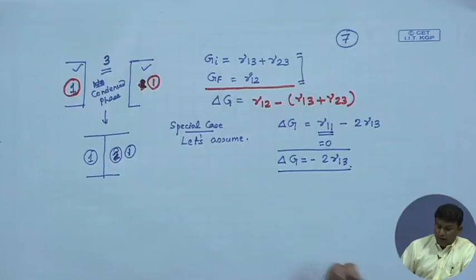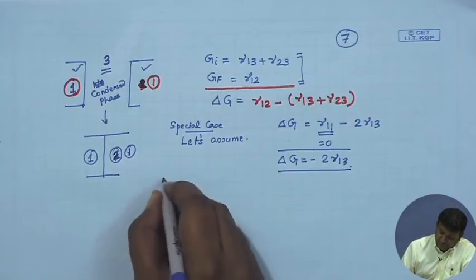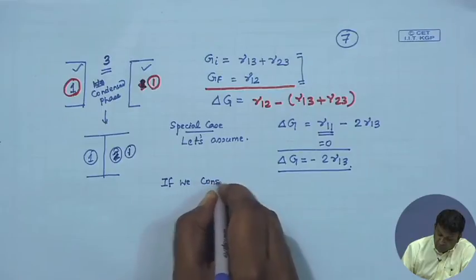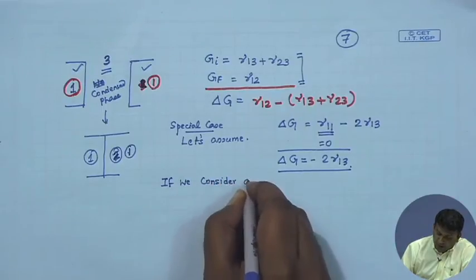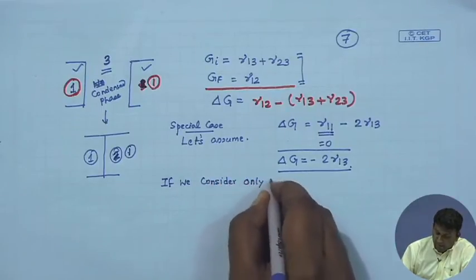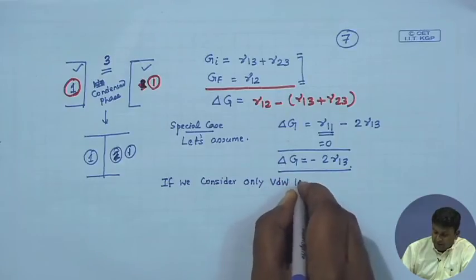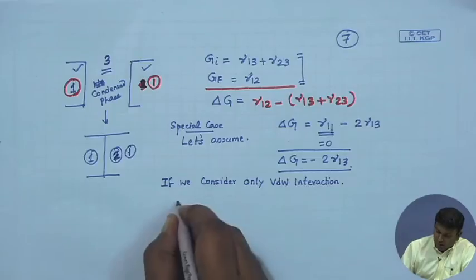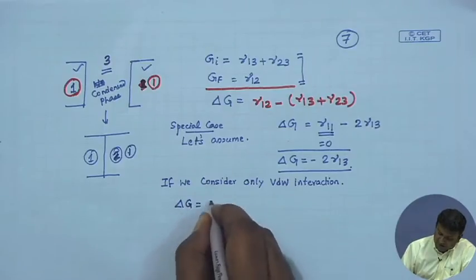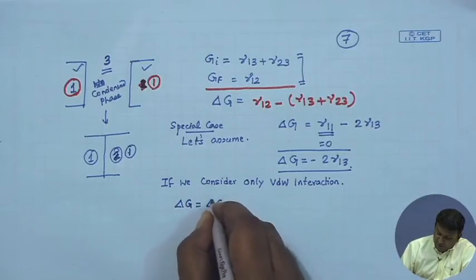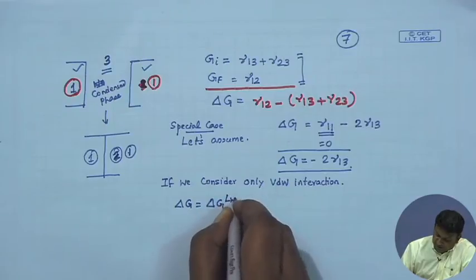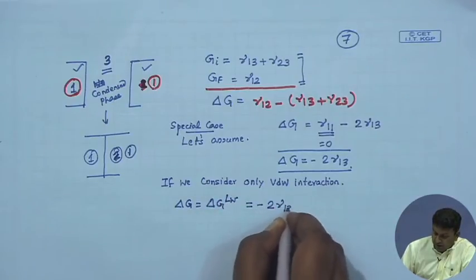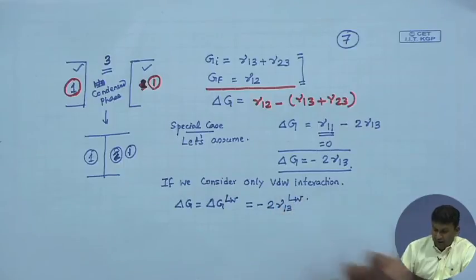Now, if you consider only van der Waals interaction, or in other words delta G is entirely constituted of delta G LW, then what we get is gamma 1 3 LW.